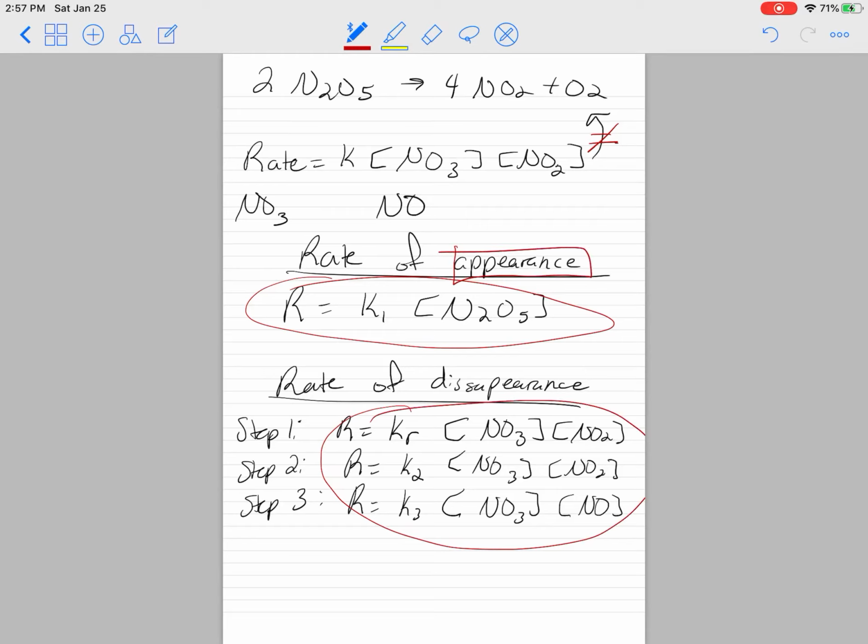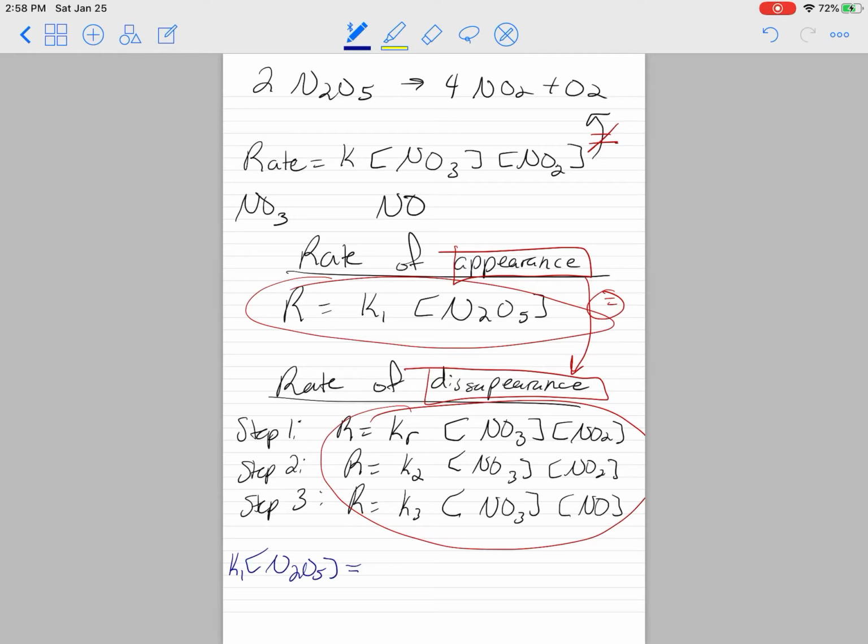The next piece of the steady state approximation is to set each of these rates equal to each other, because the rate of appearance is equal to the rate of disappearance. So let's write these out so that they're equal to each other. Okay, so instead of saying R equals these things, I'm just going to say K1 times the concentration of N2O5 is equal to each of these rates of disappearance.